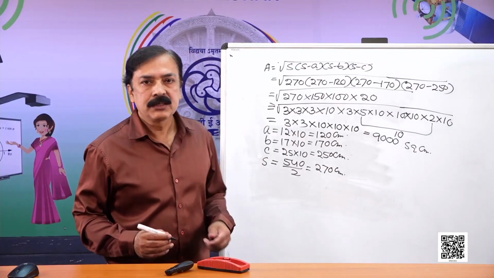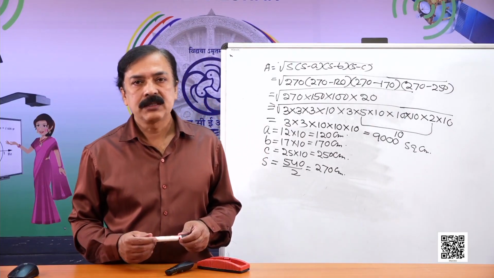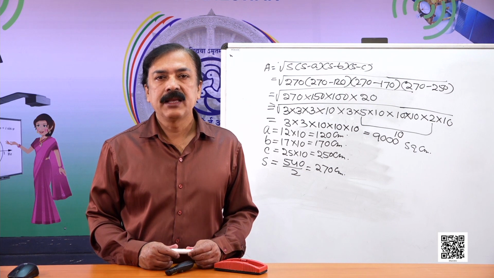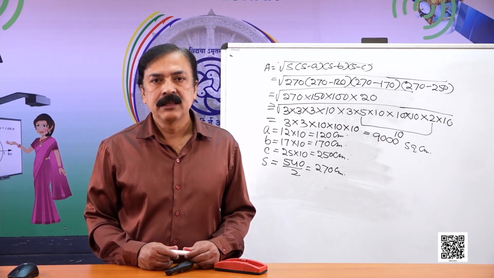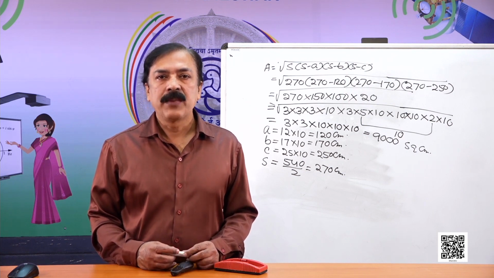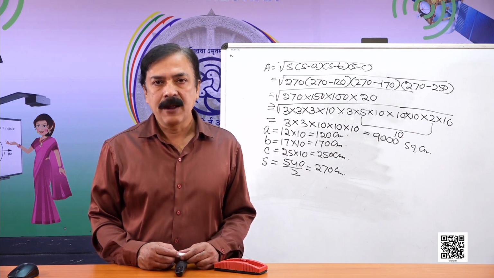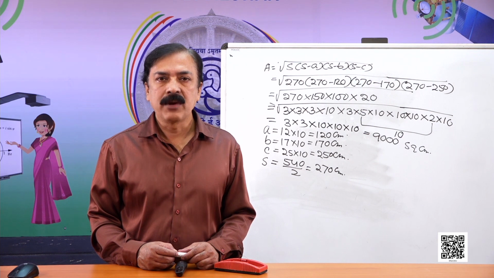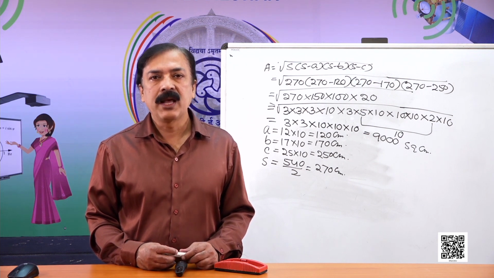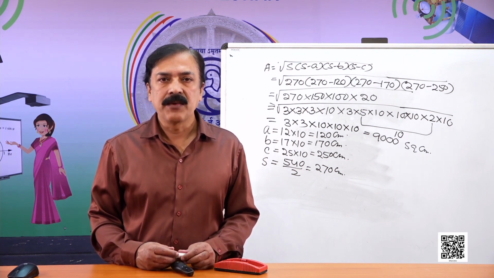So dear students, today we discussed how to find the perimeter of a triangle, and then using the perimeter of the triangle, how to use Heron's formula. Heron's formula is used when only three sides are given.